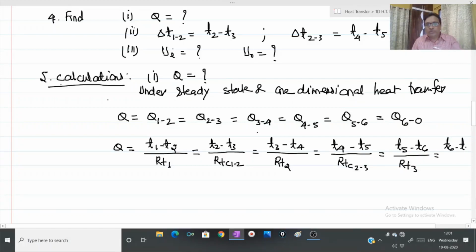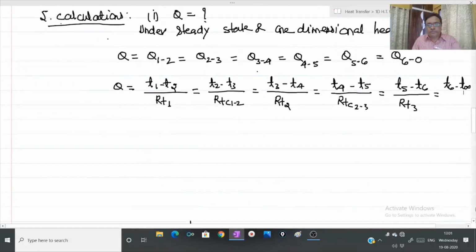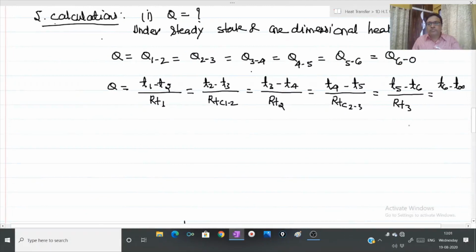the temperature drop in the fluid film over the thermal resistance of the fluid film. Let's say these are equation 1, equation 2, equation 3, equation 4, equation 5, and equation 6.